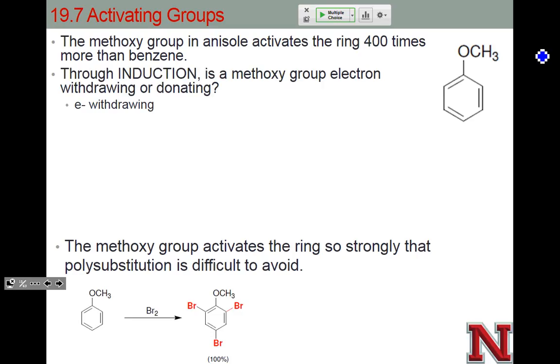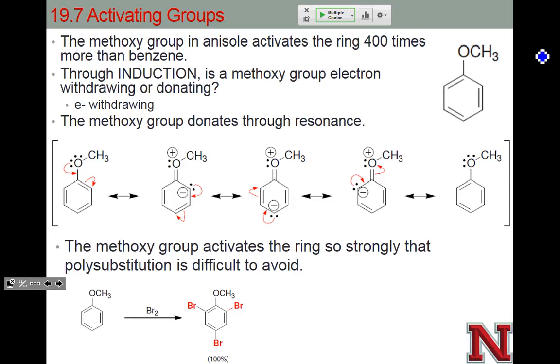This is what the resonance structures of our anisole look like, no matter what conditions it's under. Notice that our oxygen can donate electrons into the ring, forming these resonance structures. Our most stable resonance structure is the neutral one, because carbon doesn't really want a negative charge.